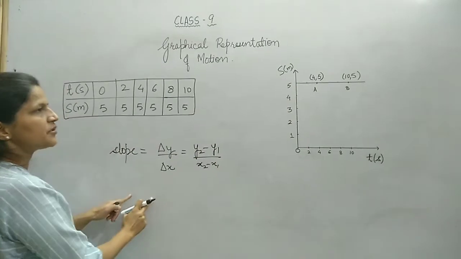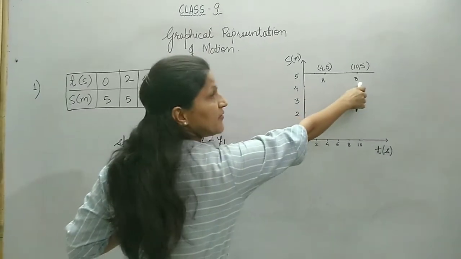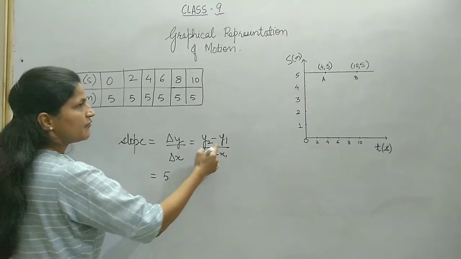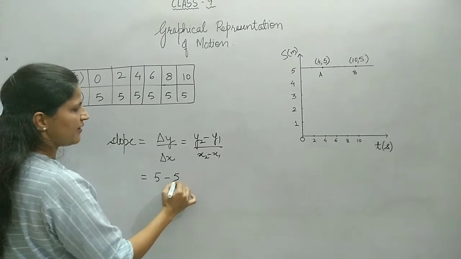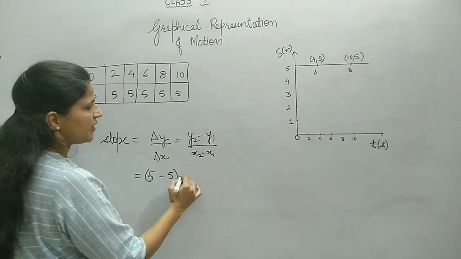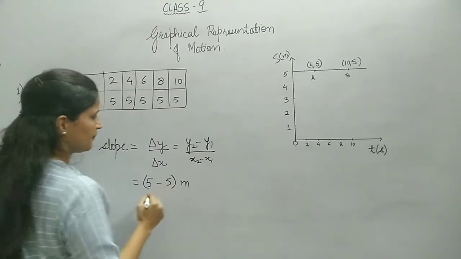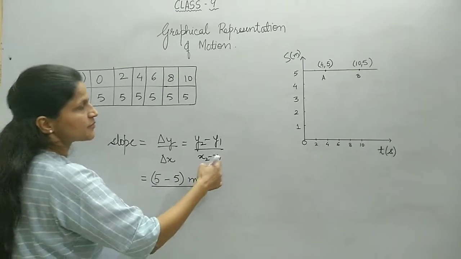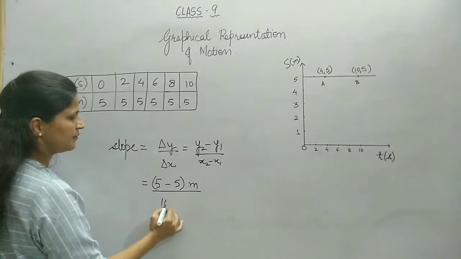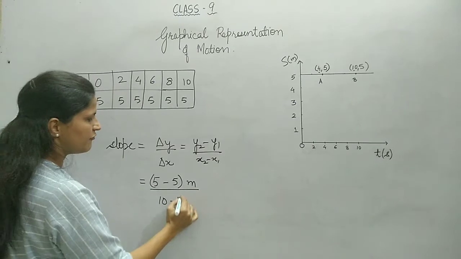Let us substitute these values in this formula. Y2, the second component, is 5. Y1 is also 5. So y2 minus y1 will be 5 minus 5 in meters, because these y coordinates are in meters. x2 minus x1. x2 here is 10, so I write 10 here. x1 here is 4, so I write minus 4 here.